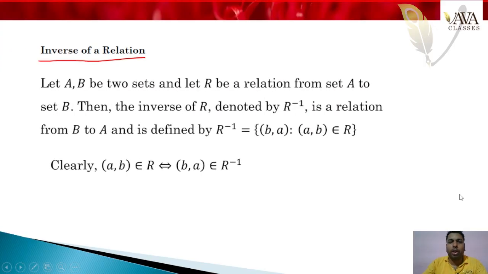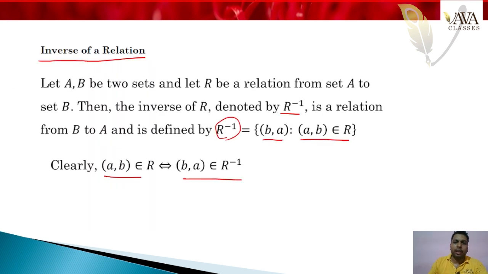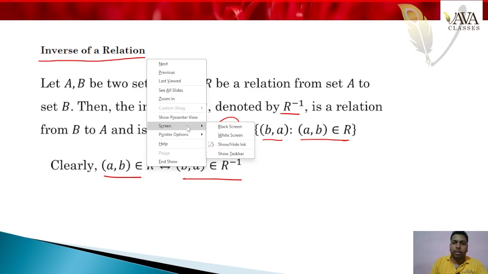Now we'll discuss inverse of a relation. Let A and B be two sets and R be a relation from set A to set B. Then the inverse of R, denoted by R inverse, is a relation from B to A and is defined by R inverse equals the ordered pairs (b, a) such that (a, b) belongs to R. Clearly, if (a, b) belongs to R, then (b, a) belongs to R inverse. So we'll give an example of inverse of a relation here.